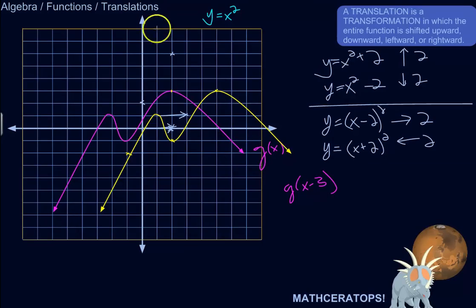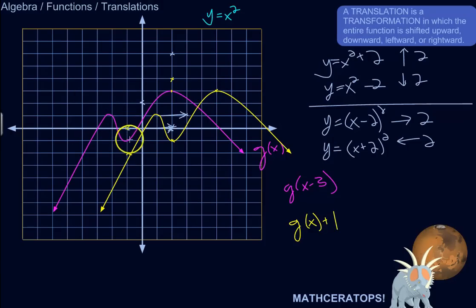Now, on the other hand, if I wanted to get g of x plus 1, that would be a vertical translation. So it's outside the function. And I would just take some points and take the y-coordinates and just add 1. So take that y-coordinate, add 1.